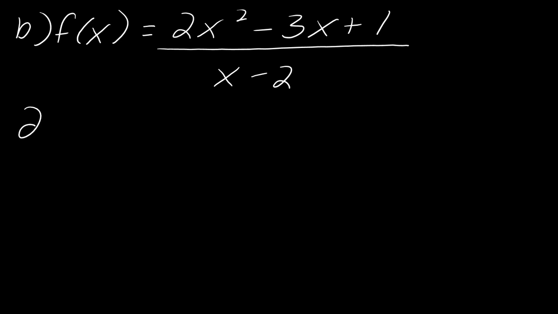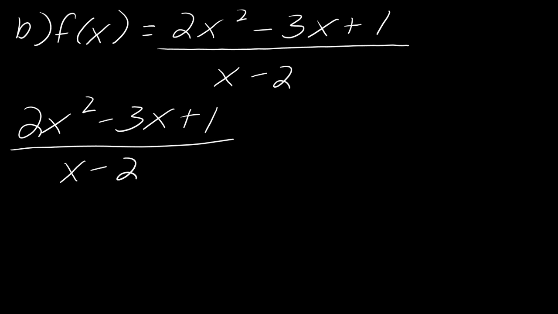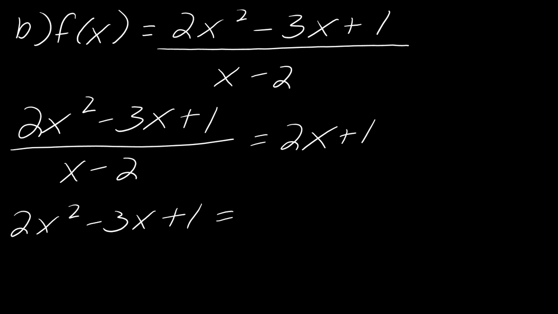To do this, I need to set this rational function equal to my oblique asymptote. And now to solve this, I need to multiply both sides by x minus 2. And then I need to factor the right side.